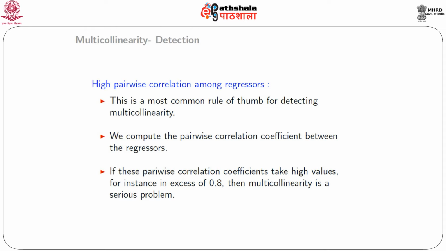Suppose we have two variables x and y, and we have reasons to believe that they are correlated. Then if we want to quantify the strength of the relationship, we compute the correlation coefficient between the two variables. So, in the presence of multicollinearity, we know that the predictors are correlated to one another. A very crude method would be to take every possible pair of predictors and compute their corresponding correlation coefficient.